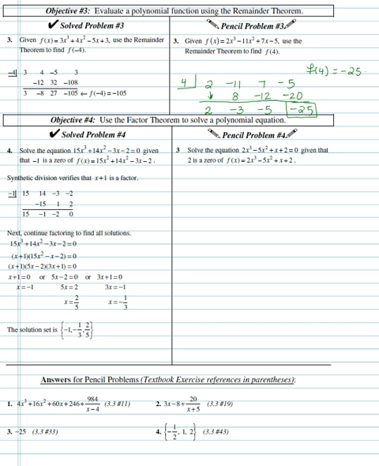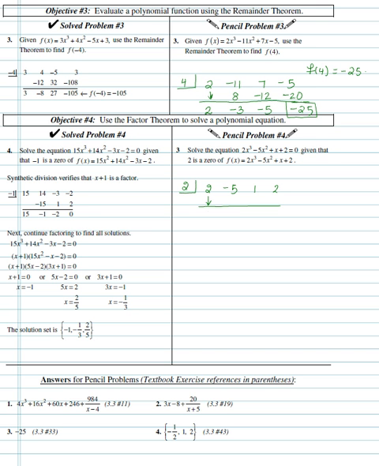So let's go ahead and verify if this is a zero using synthetic division. I would have the coefficients 2, -5, 1, and 2. Now you might ask me, why should I verify when they already told me that that is a zero? We will be seeing that in just one more minute. So I'm verifying using synthetic division.